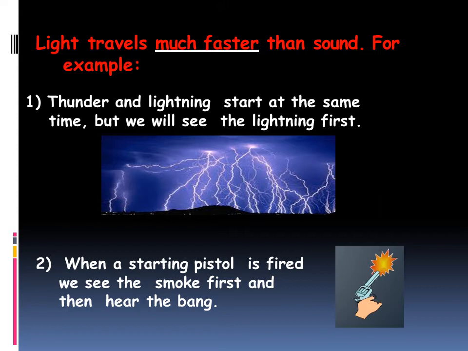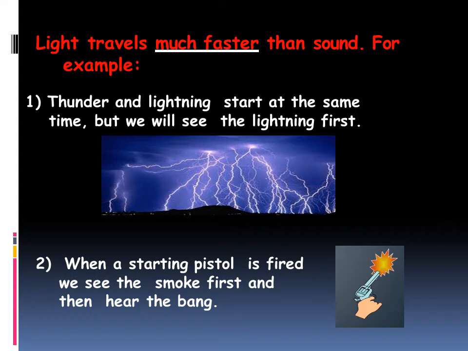And when do they mostly occur? They usually occur during the monsoons. So what will happen at that time? First we will see the light, the flash of light. After that we can hear the sound, but the sound is heard later after we see the light.